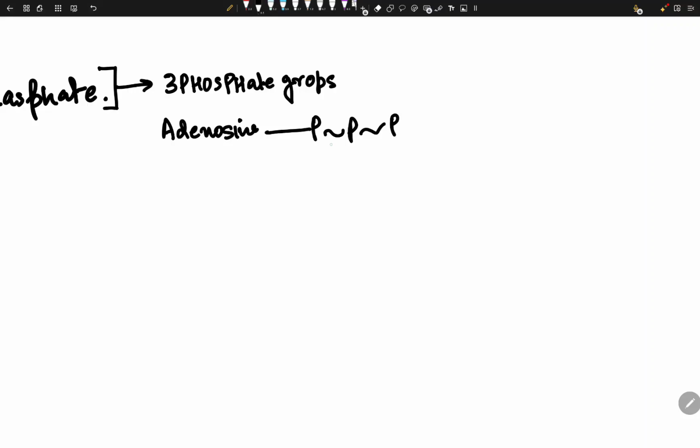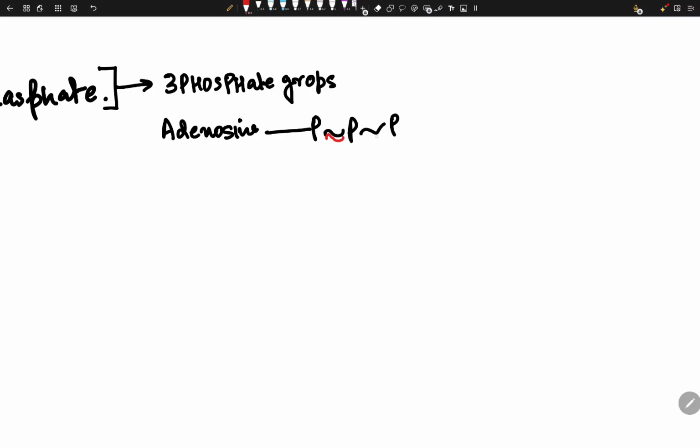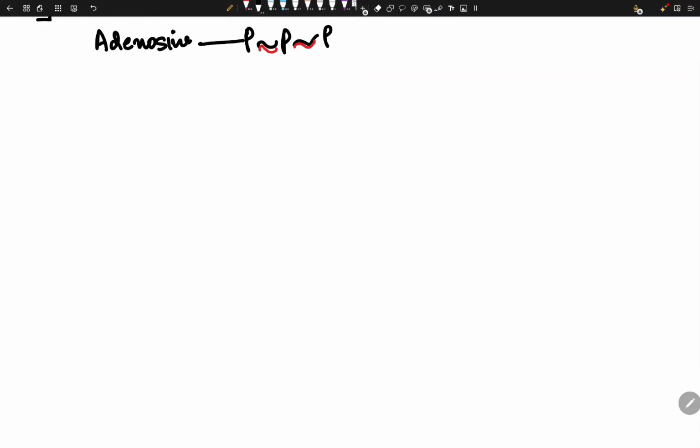Now here, notice this part. Do you see this bond? We have two of them, right? What is this squiggle? Why didn't I just put a straight line?